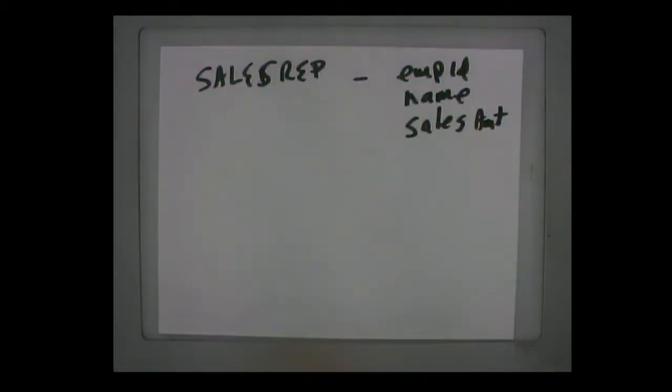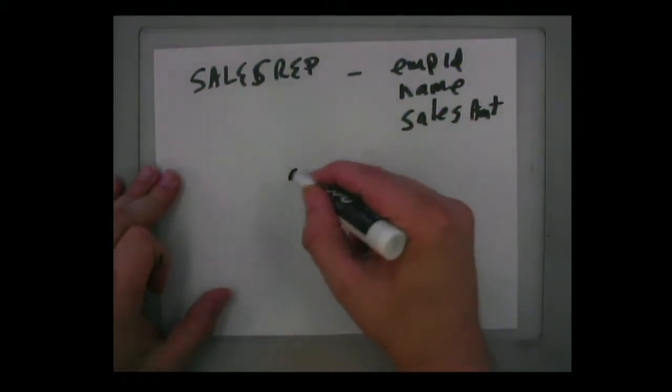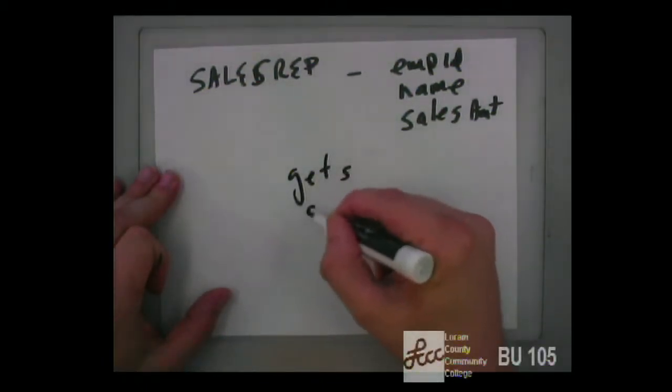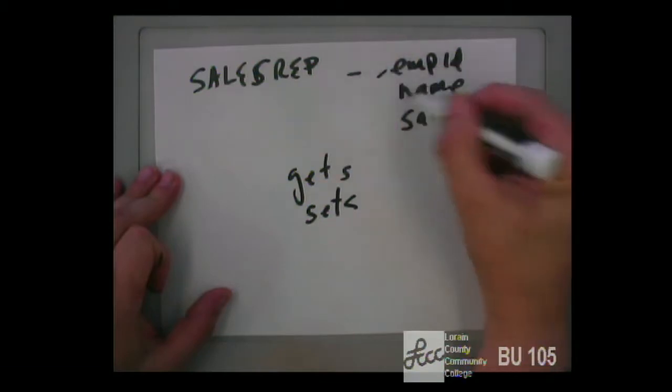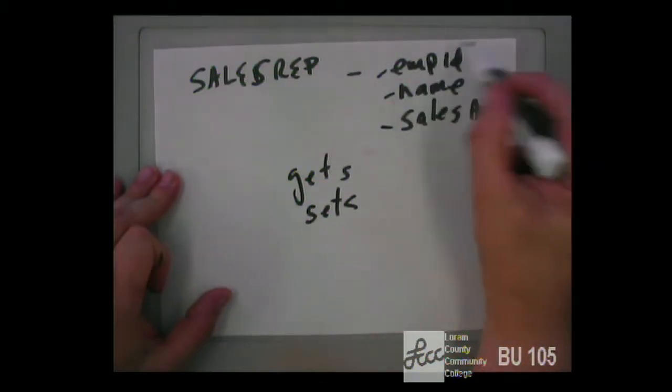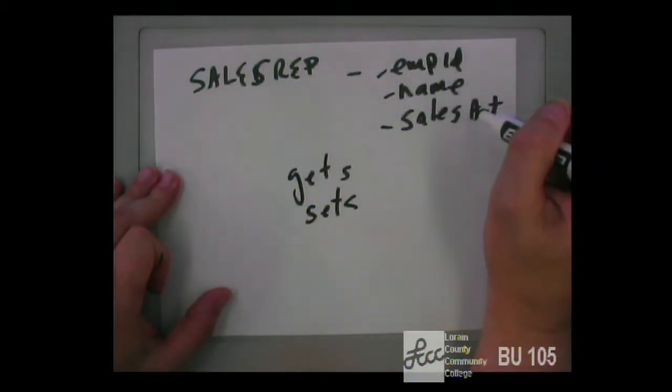Okay? For the sales rep, there will be gets and sets for each of these. So there'll be the ability to get and set the employee ID, the name, and the sales amount.